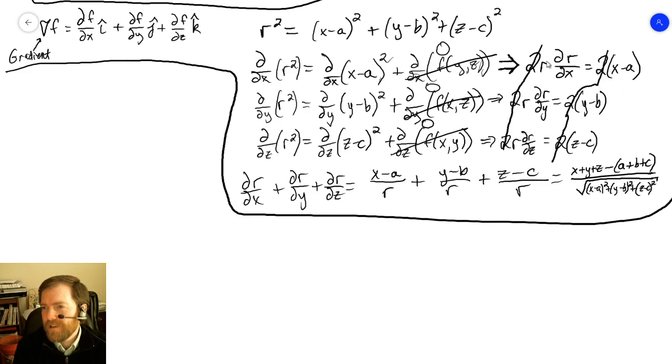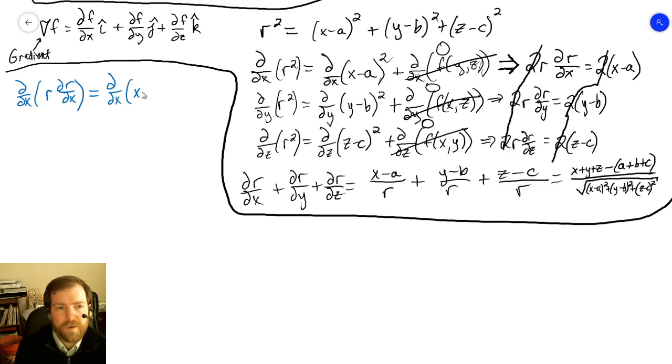Alright, so if we take the second derivative, or we just take the derivative of both sides again. So this is easier. It's going to be d dx of r dr dx, and then d dx of x minus a.